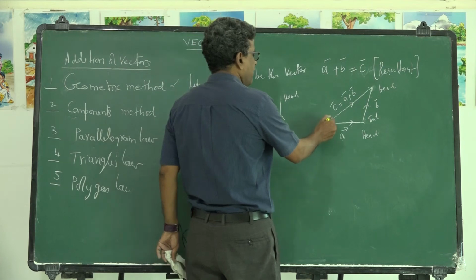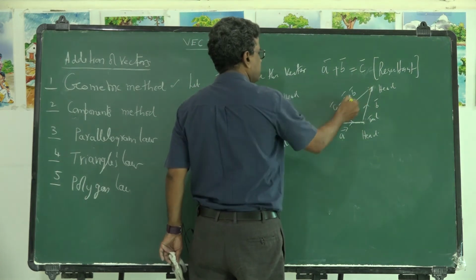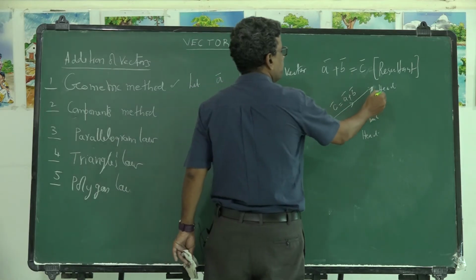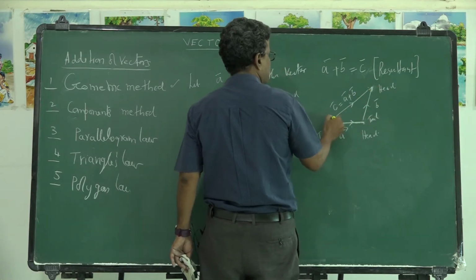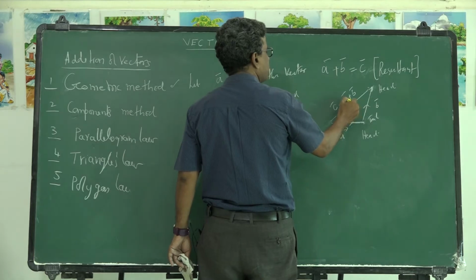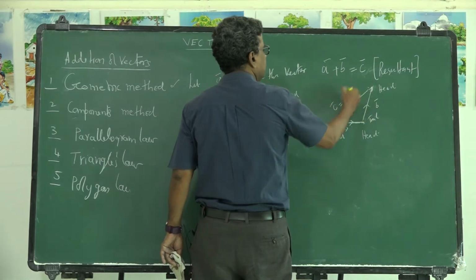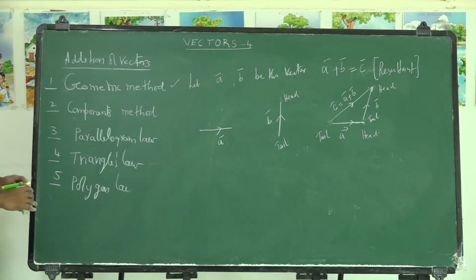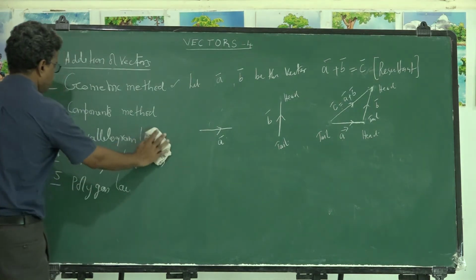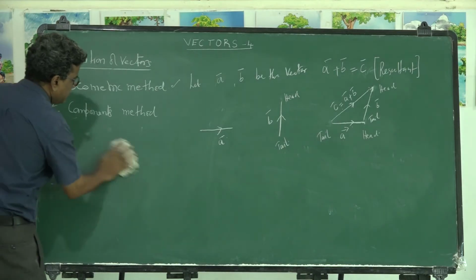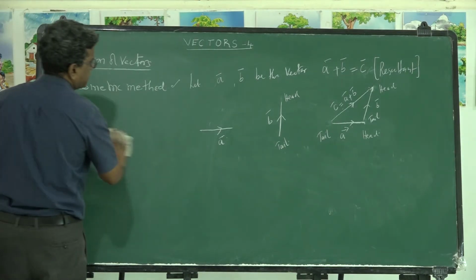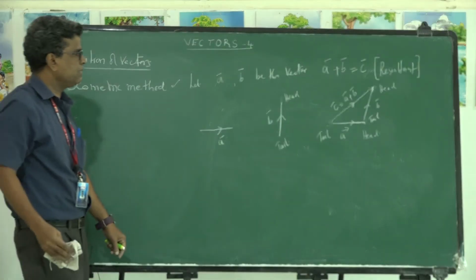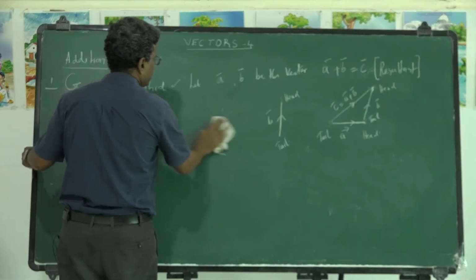Then draw the third vector from the tail of the first vector to the head of the second vector. This is the third vector, c bar, which represents the resultant of these two vectors. This method is called the geometric method. To understand this, take this example.